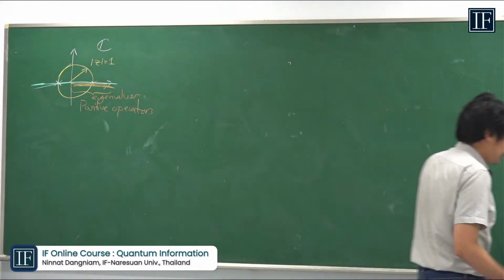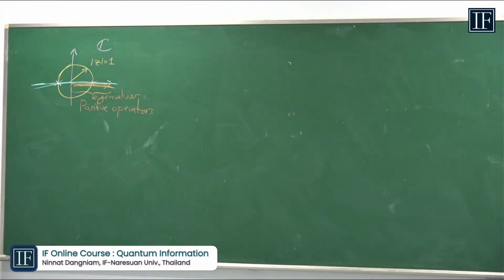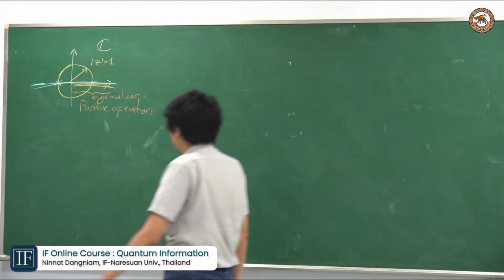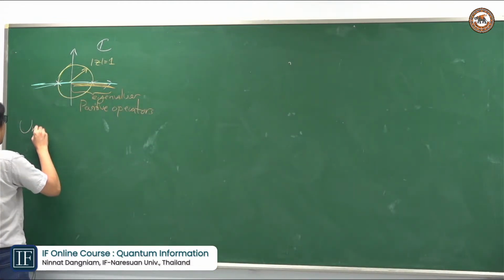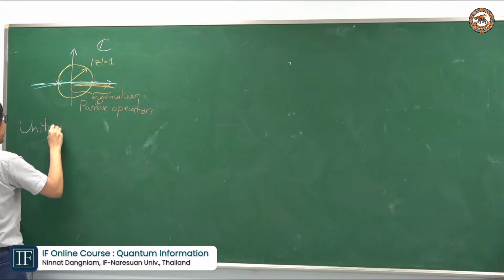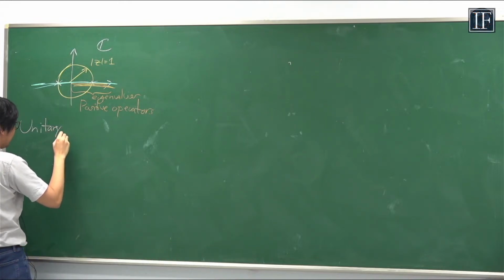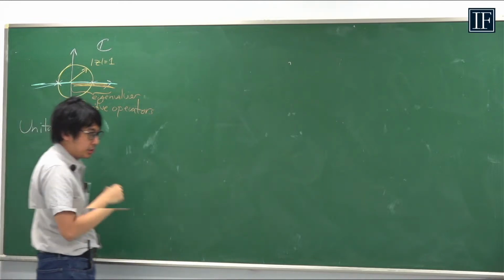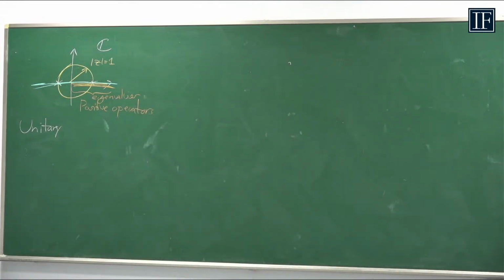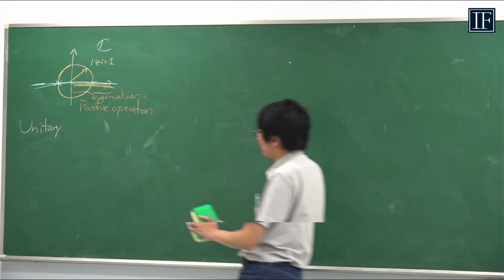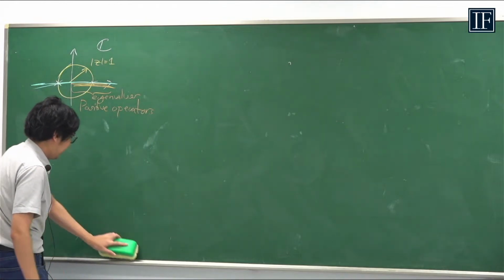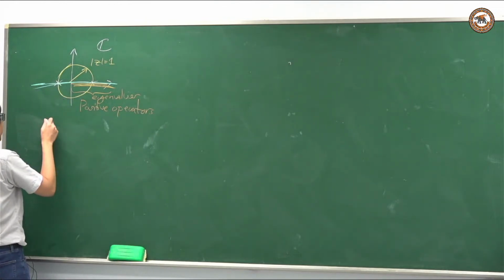Okay, so last time we left off talking about characterization of unitary operators. Maybe I should write something like this to remind you about the other topics that we talked about as well.